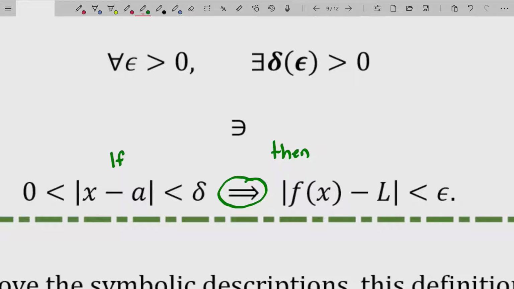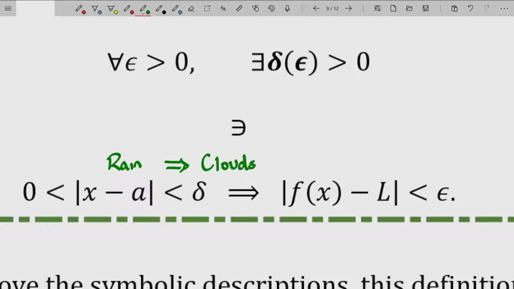For example, I could say, if it's raining, then it must be cloudy. That would mean that rain implies clouds. If you have rain, you must have clouds. That is the beginning and end of that statement. Beginning being that it's raining, we can assume that, and the end being that we have to prove that it has to therefore be cloudy.